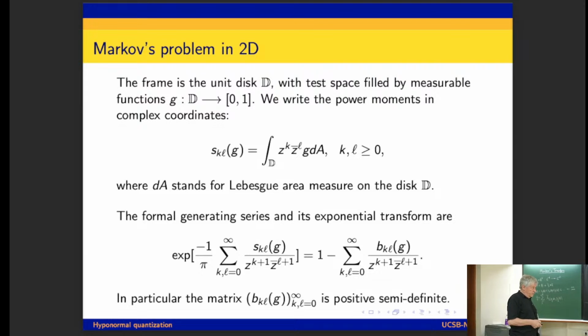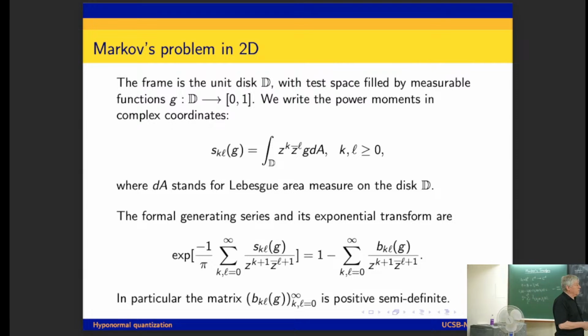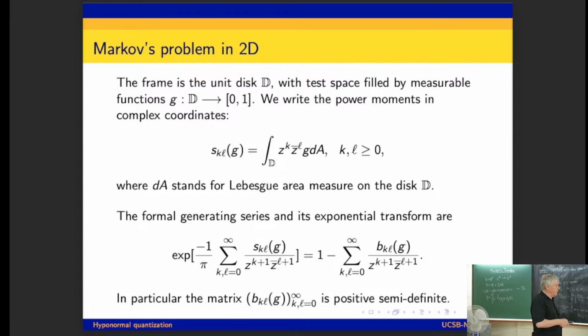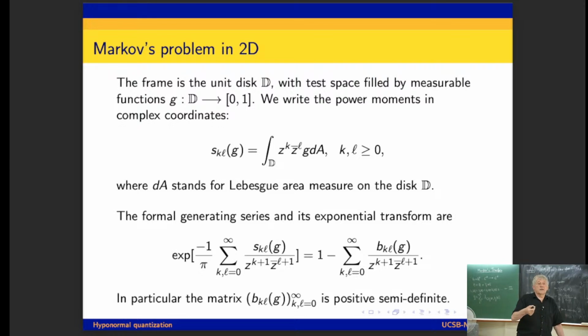We obtain some, not really moments of a measure, but we obtain a positive semi-definite kernel, which depends on G. It's a triangular transformation, if you do this formally. And this is positive semi-definite and has some other properties which are reflected in the hyponormality of T.